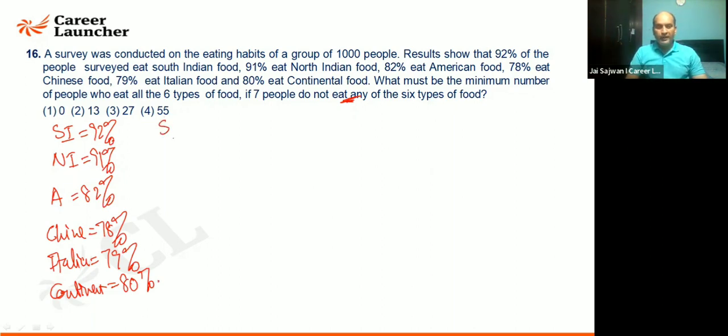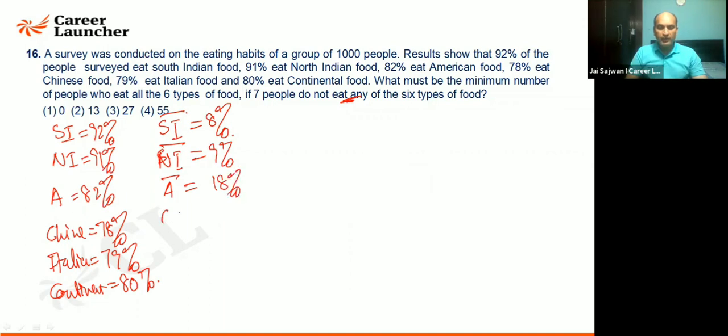So the people who don't eat South Indian food are 8%, means they may be having anything else, but they're not eating South Indian food. People who are not having North Indian food, 9%. And I want this to be maximum because I want the common value between them to be minimum. The people who don't like American food is 18%.